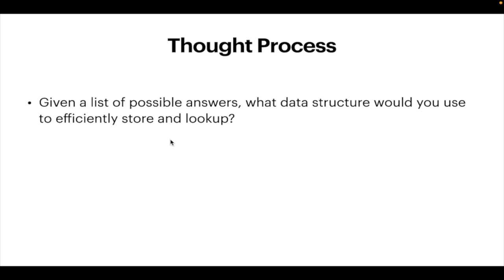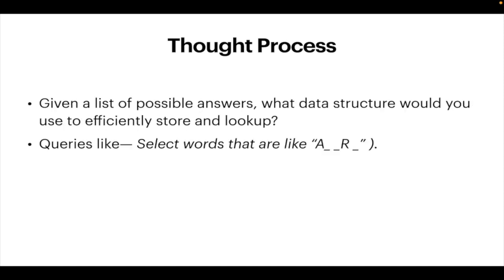Think about what data structure you will use to efficiently store those words and answer queries like: select words that start with A and that have R in the fourth position, so like A dash dash R dash. How would you efficiently design a data structure that is able to answer queries like this quickly?